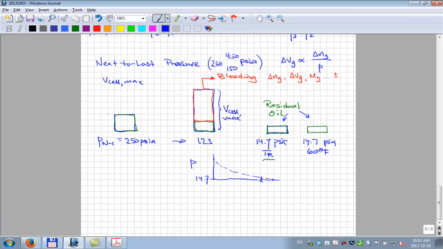And I'm going to call this volume here VO. It's at standard conditions, but it's not a stock tank, so I'm going to write residual.